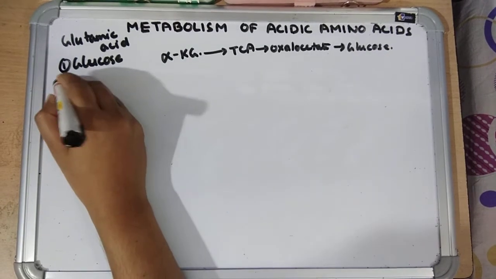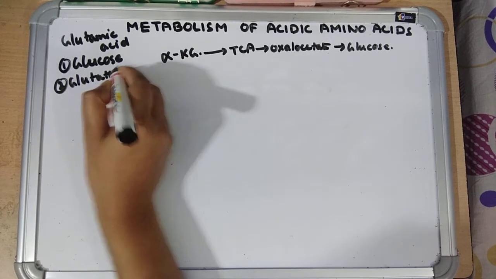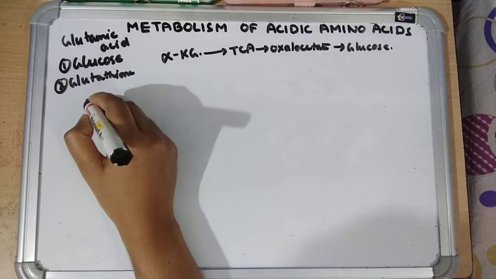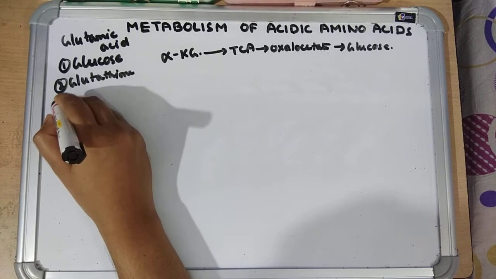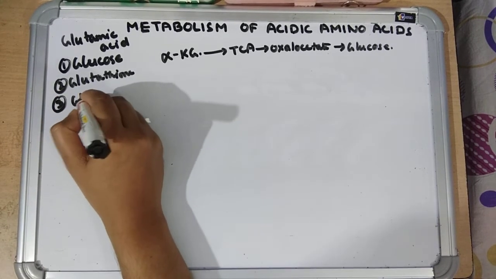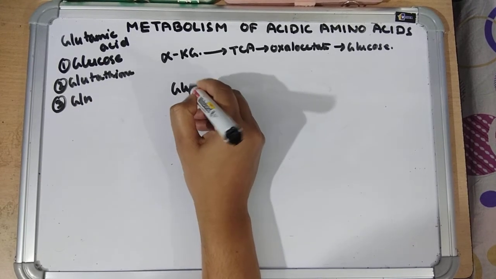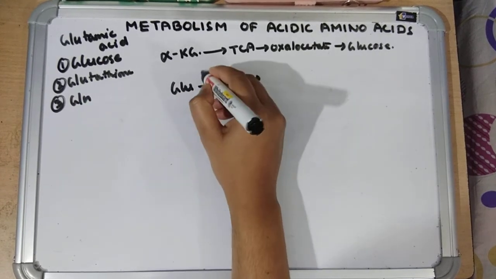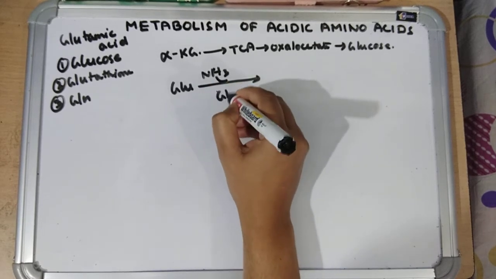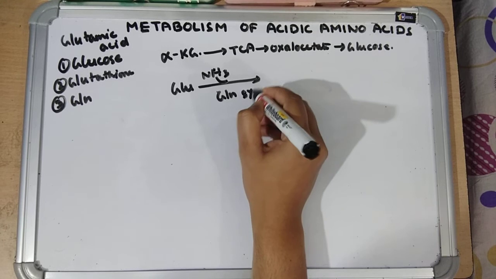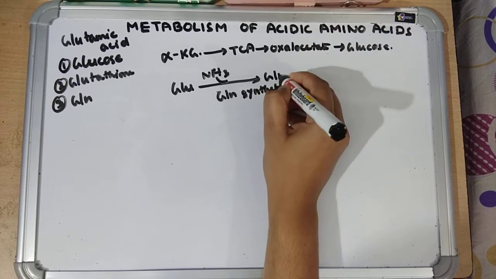Next is synthesis of glutathione. Glutathione synthesis is already discussed in glycine metabolism. Number 3 is synthesis of glutamine. Glutamate undergoes amidation by glutamine synthetase to form glutamine.